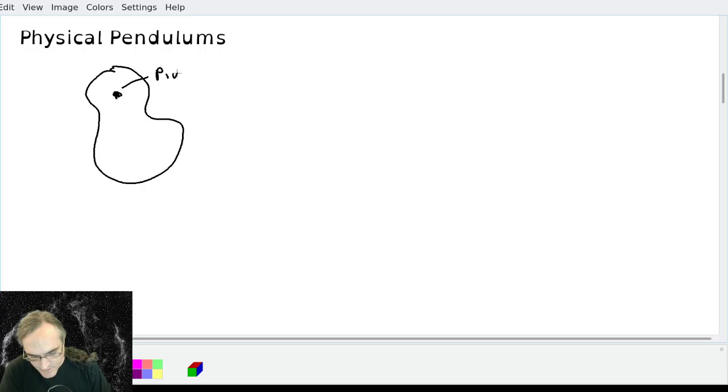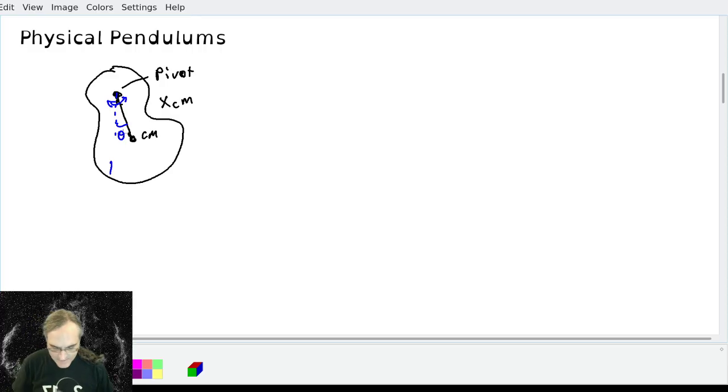So we'll set the pivot right here. And then it will also have a center of mass. So there will be a distance in between those 2 points, and call that XCM. And of course we'll be talking about it pivoting around here, having some vertical axis that makes an angle.